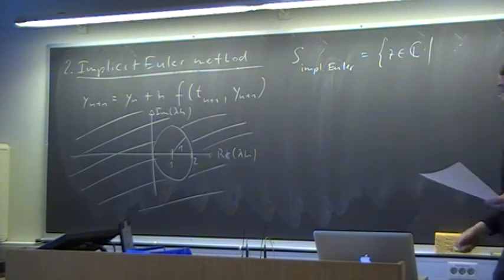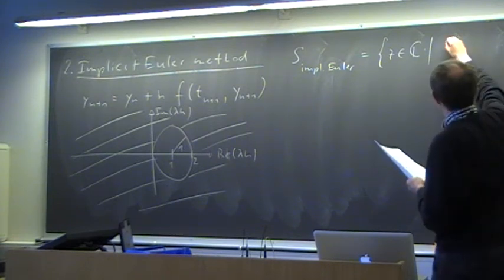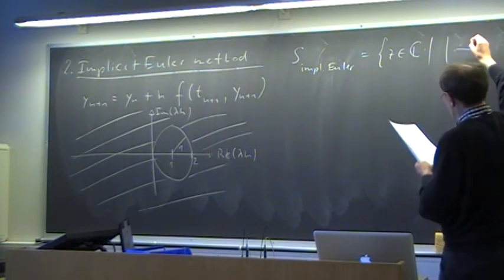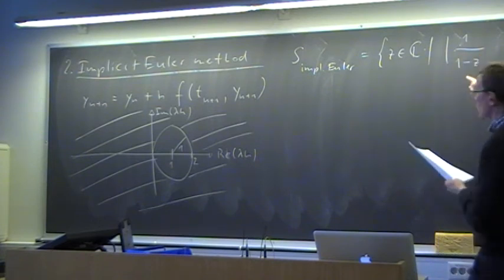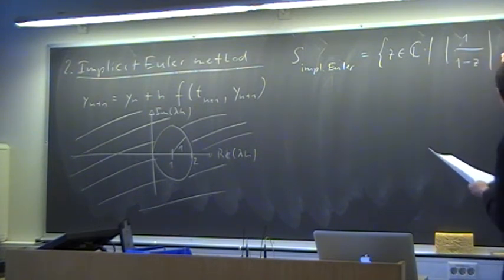Now we would have to determine the amplification factor. We skip the derivation, we just write what we would get. It is 1 divided by 1 minus z, where z is the lambda h. That has to be smaller or equal than 1.